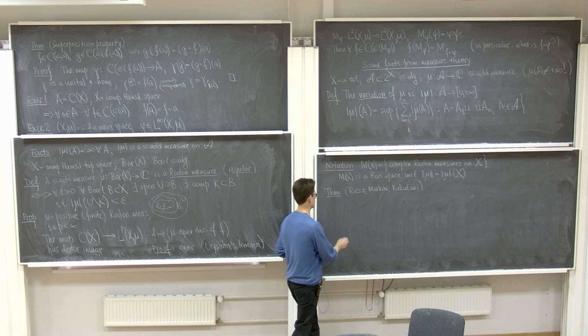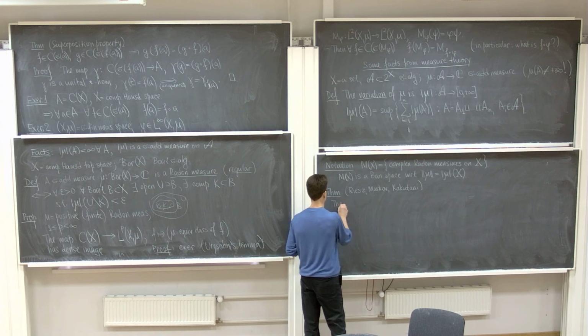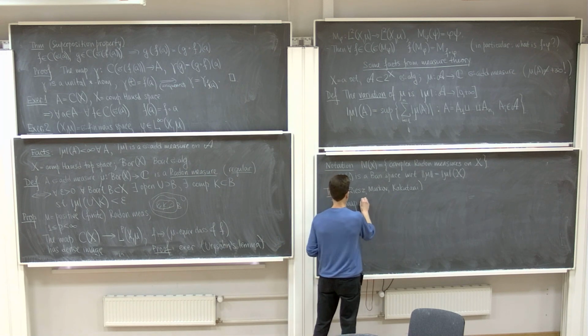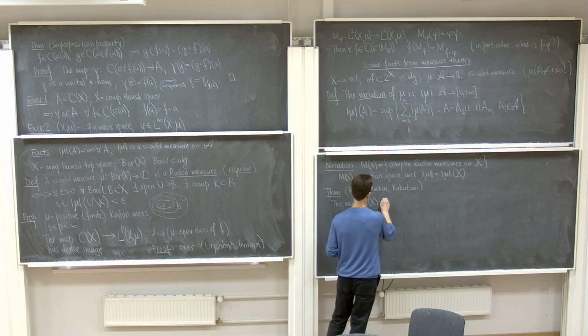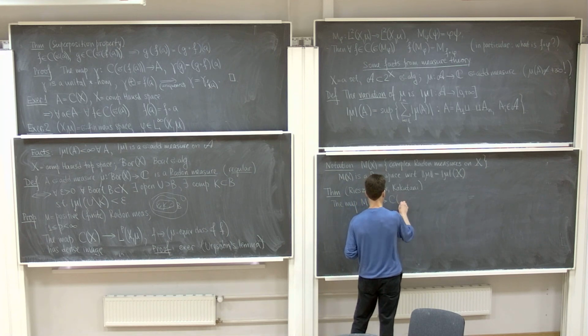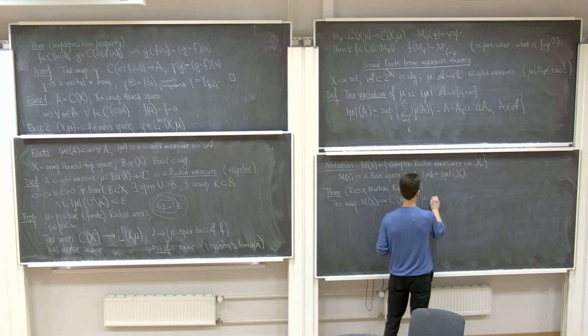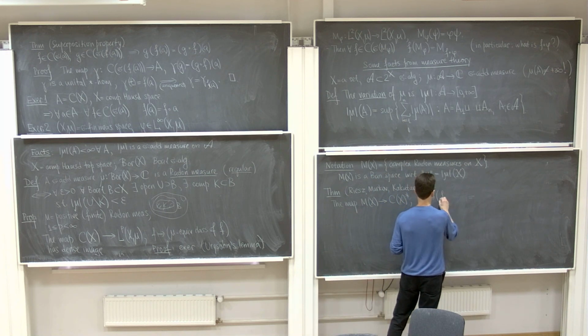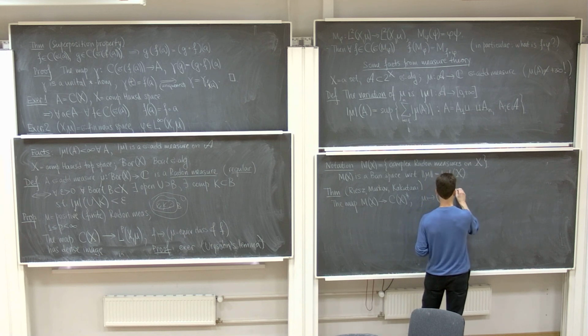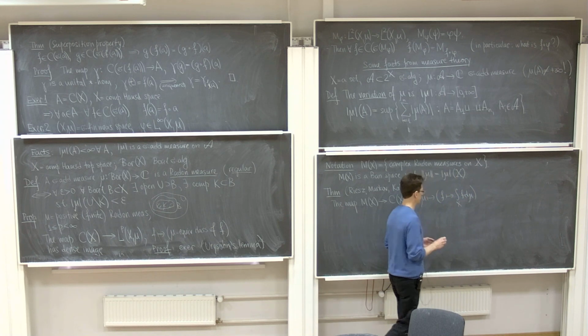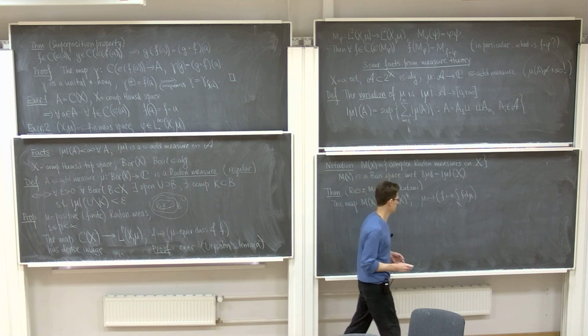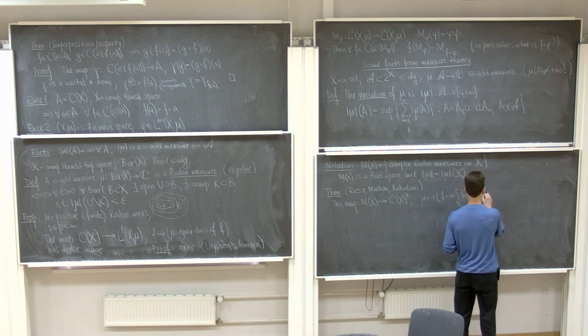The theorem states that the map from M of X to the dual of the space of continuous functions on X, which takes each Radon measure mu to the integral with respect to mu, is an isometric isomorphism of Banach spaces.